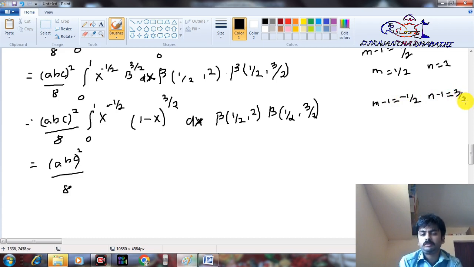Okay, n minus 1 equal to 3 by 2. Now m equal to 1 minus 1 by 2 is 1 by 2, n equal to 3 by 2 plus 1 is 5 by 2.